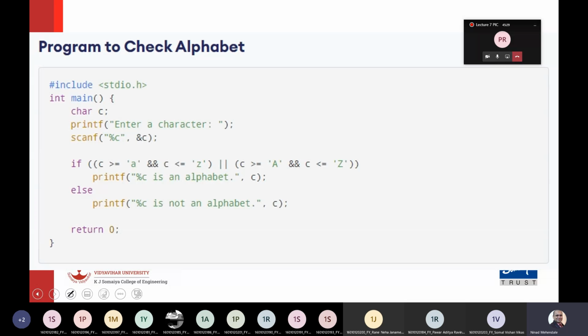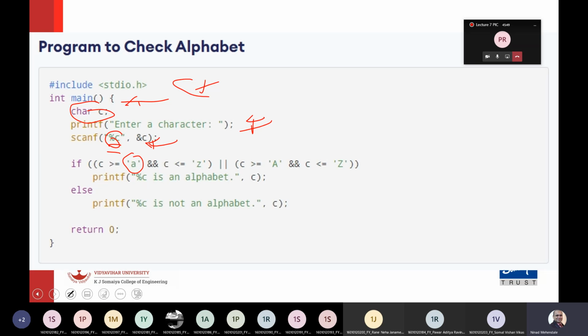A simple program to do this: first you declare your standard IO library, then you define your character. Here you read the input as %c only, so your character will be stored as an ASCII value. While comparing, remember you can directly compare a character with a character.